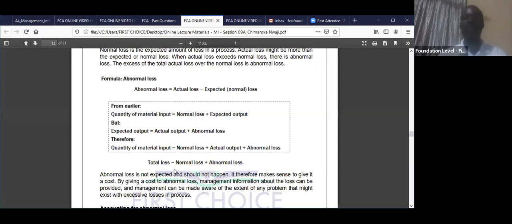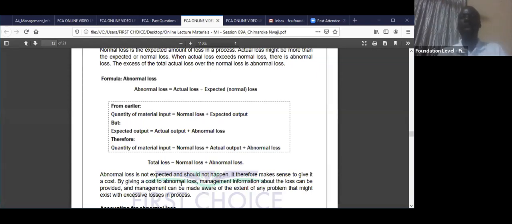So your total loss is going to be your normal loss plus your abnormal loss. In case you're asked what your total loss is, it's your normal loss plus your abnormal loss. Abnormal loss is not expected and should not happen. It therefore makes sense to give abnormal loss a cost.